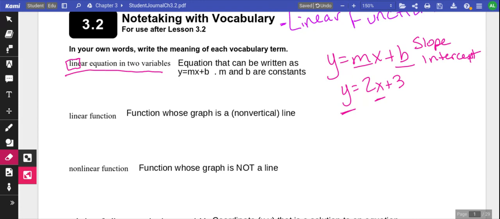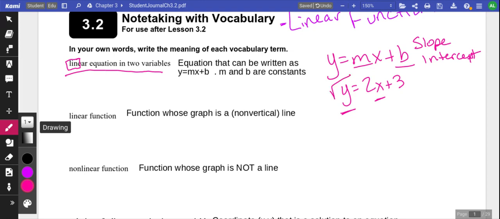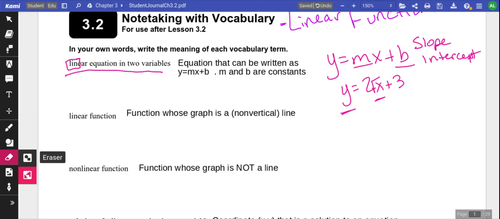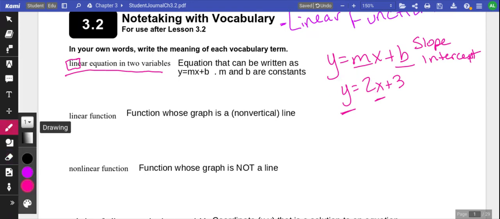If you have the square root of y or of x, that's not going to be linear. If at any point in your equation you have something like 2xy, if you're multiplying those two variables together, that's not going to be linear.